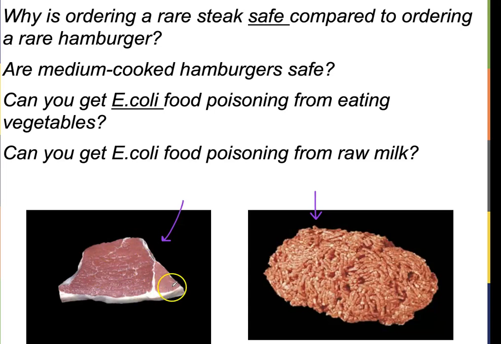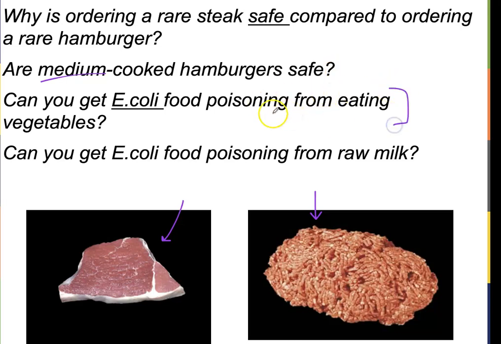So as long as you cook the outside of the steak, you can have a rare middle and not worry about E. coli O157:H7. Medium cooked hamburgers, no, because the browning of the meat occurs at a low temperature, and the E. coli can survive that. So you can have brown looking meat, but the E. coli is still alive.